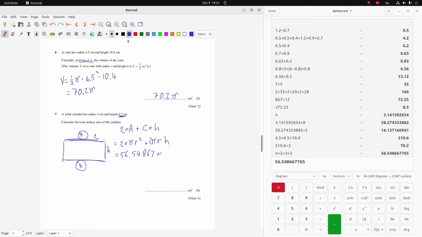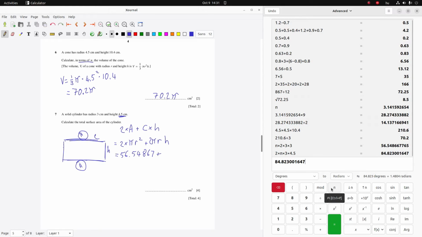Plus 2 times pi times 3 times 4.5, that gives 84.823.